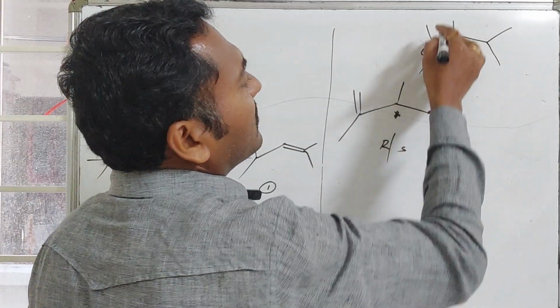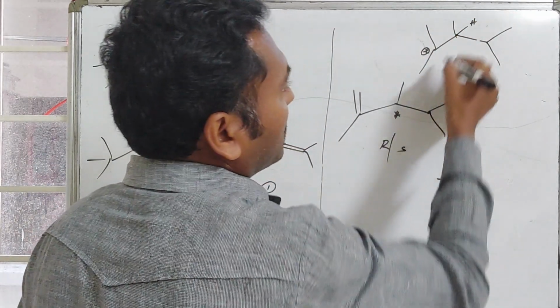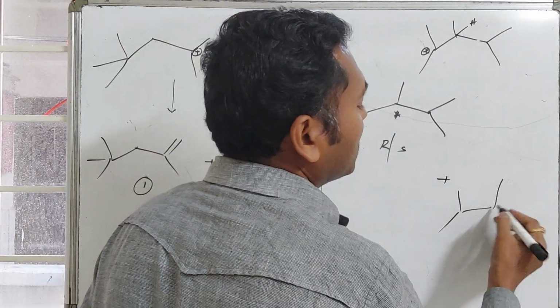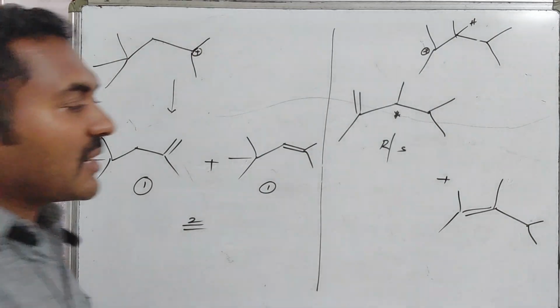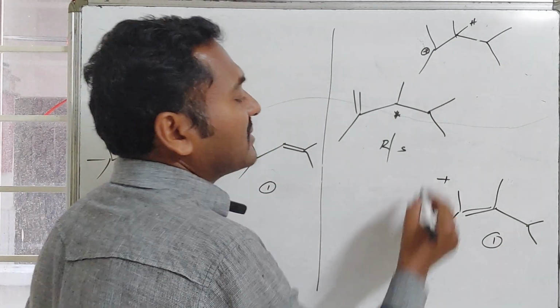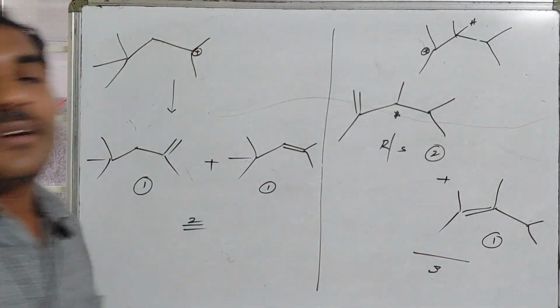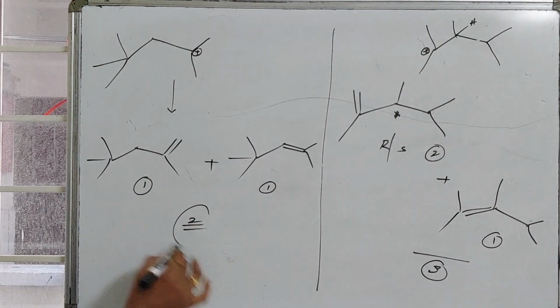Similarly, if Saytzeff elimination takes place, H+ is eliminated, resulting in a double bond. There is no chiral center, so one compound is formed here, and two compounds there. In total, this carbocation results in three compounds, and the other carbocation results in two compounds.